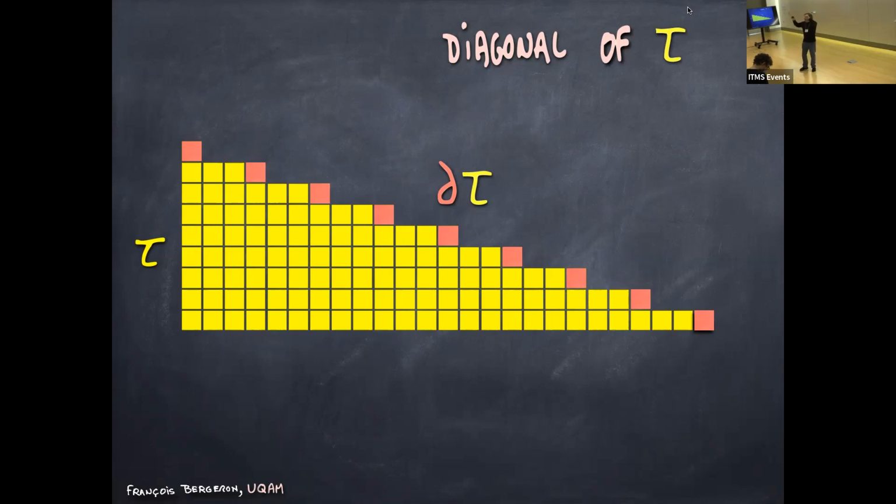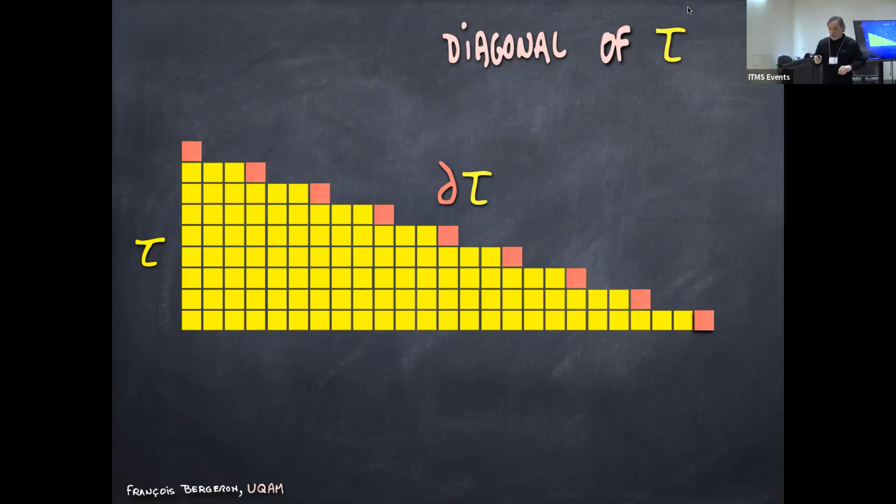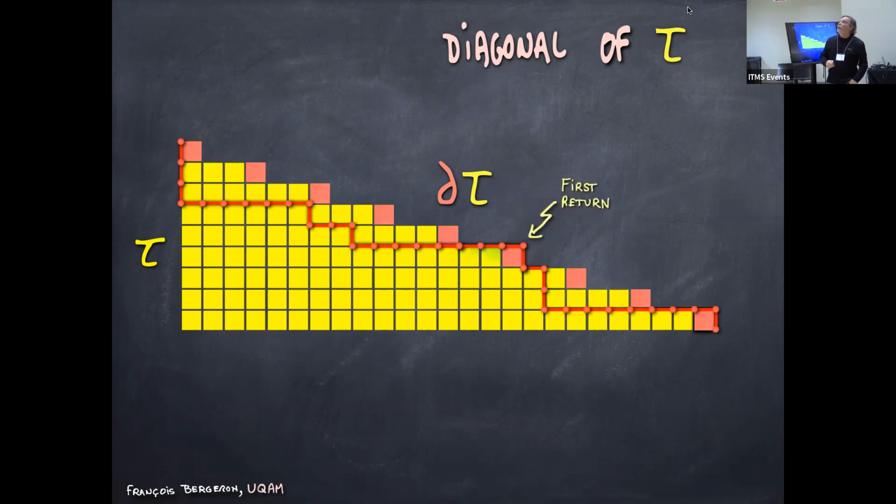We saw that the Hasse diagram was planar. There are typically just two cells that you can remove so that it stays triangular. You take these two cells, look at the line that joins them, and the corners of the partition that sit between these two are going to be the diagonal. So here, the addable or removable cells are these two at both ends. A typical path would go like this.